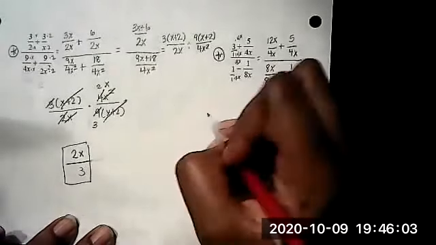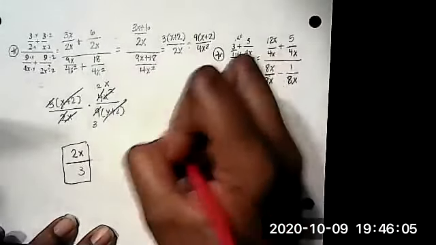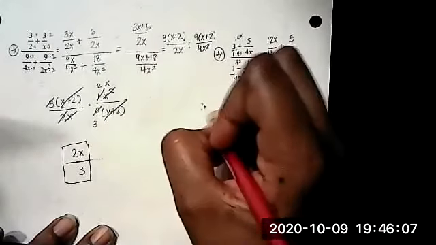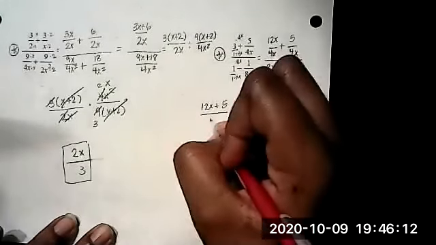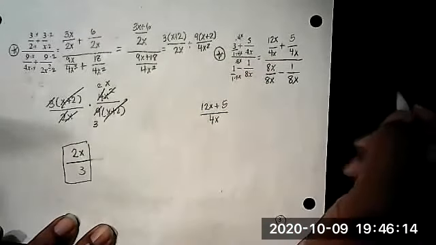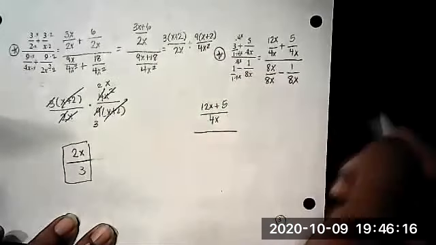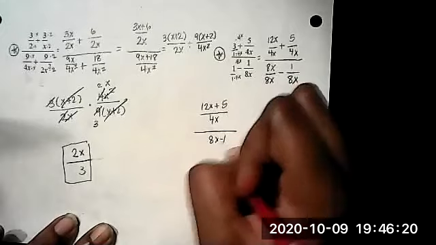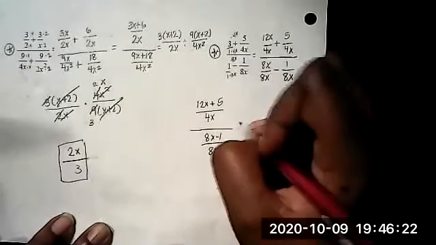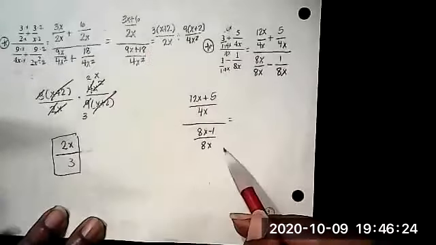Here, let's combine like terms. 12x plus 5 over 4x, over, looks like 8x minus 1 over 8x. If you want to put them side by side, you can.